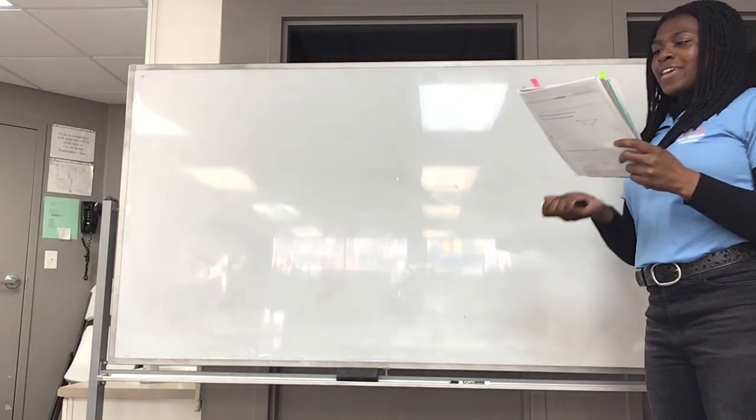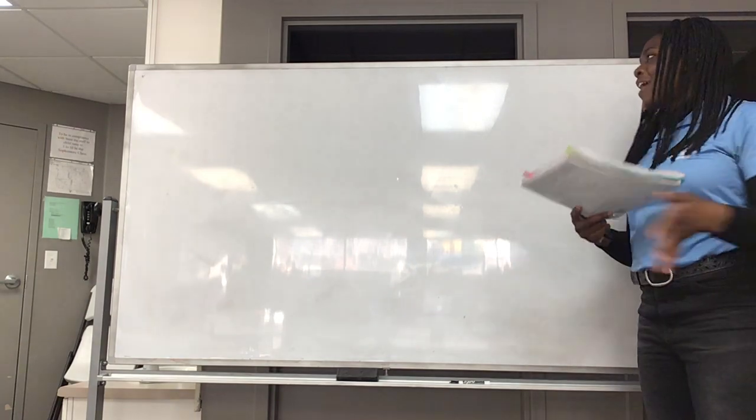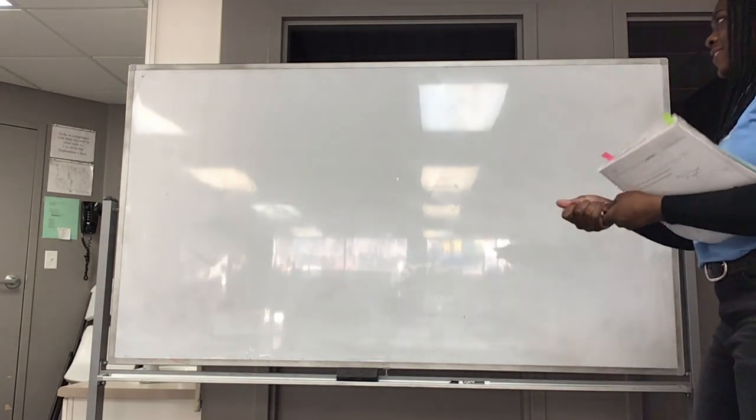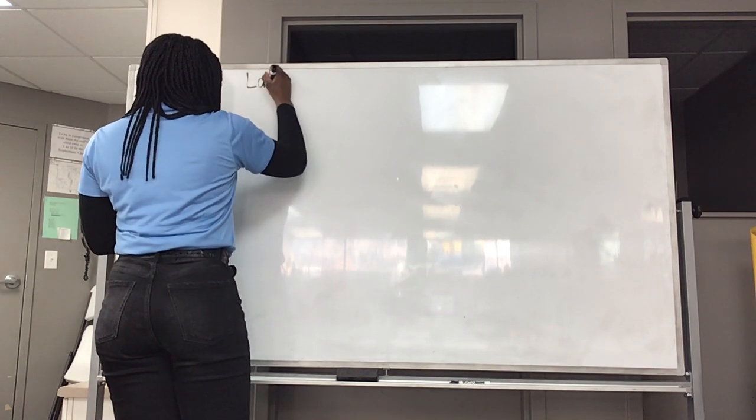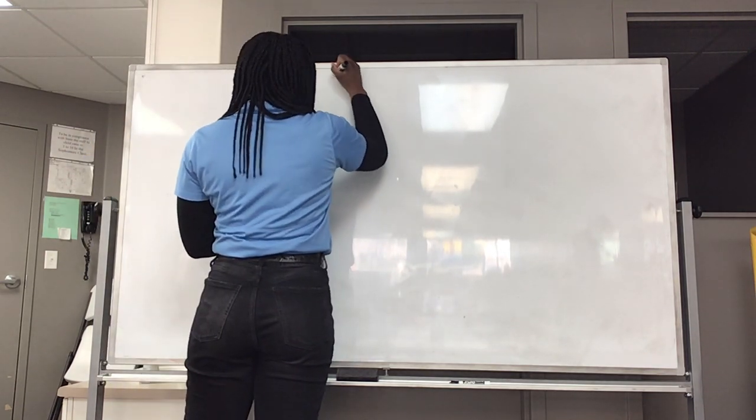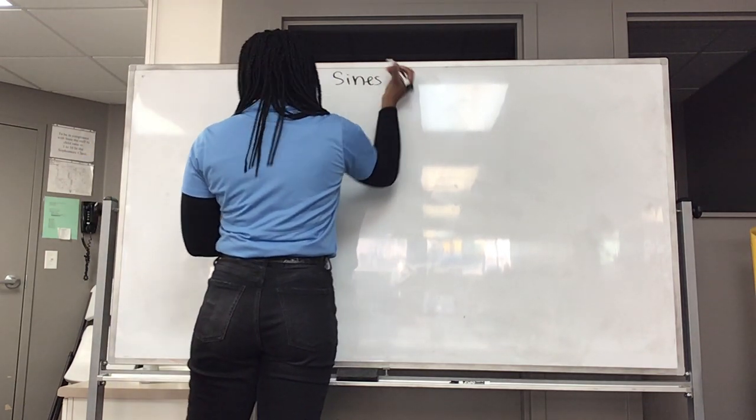So we use the law of sines to solve triangles, but they don't need to be right triangles. So it's called law of sines. And then I'm actually gonna write what the law is.